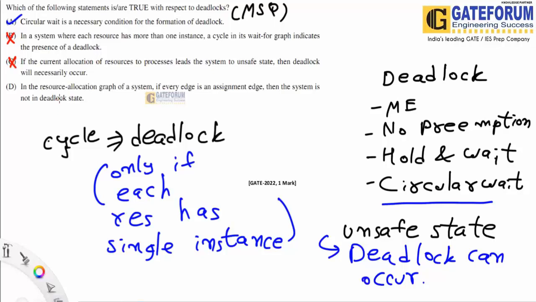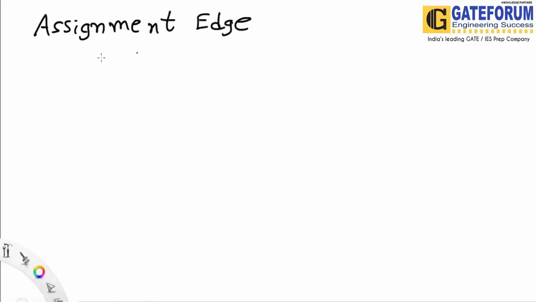Okay, last thing: in the resource allocation graph, if every edge is an assignment edge, then the system is not in deadlock. So what does assignment mean? If you see the assignment edge, it means very simply that a resource is assigned to a particular process.